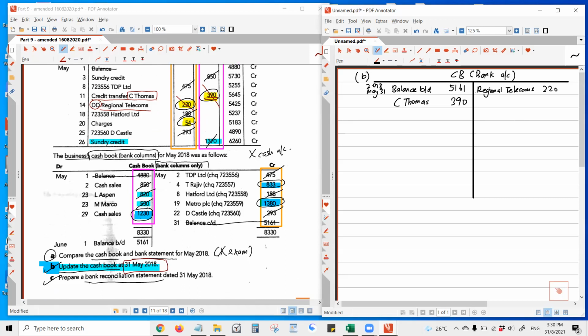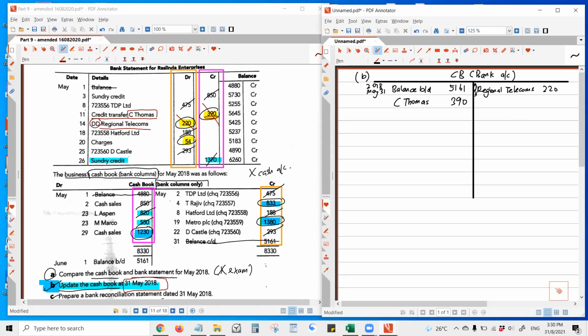The same goes to here. All of them fall under the same date because you are doing updating on that day. You ignore the dates in the bank transactions. That means you ignore 11, ignore 14. Ignore those dates. Use the date that is given in the B.